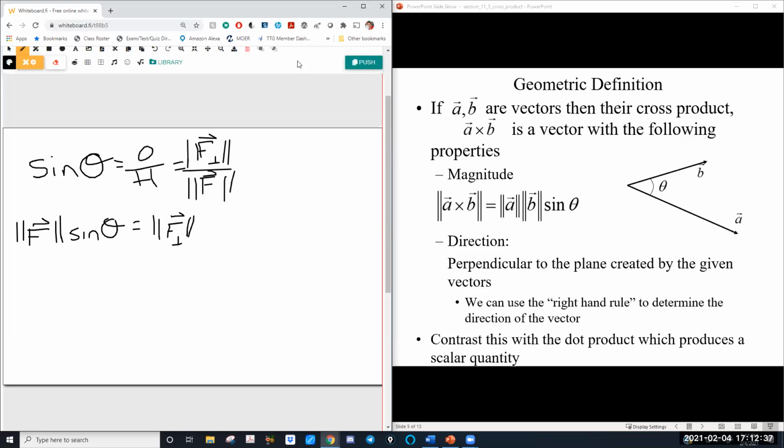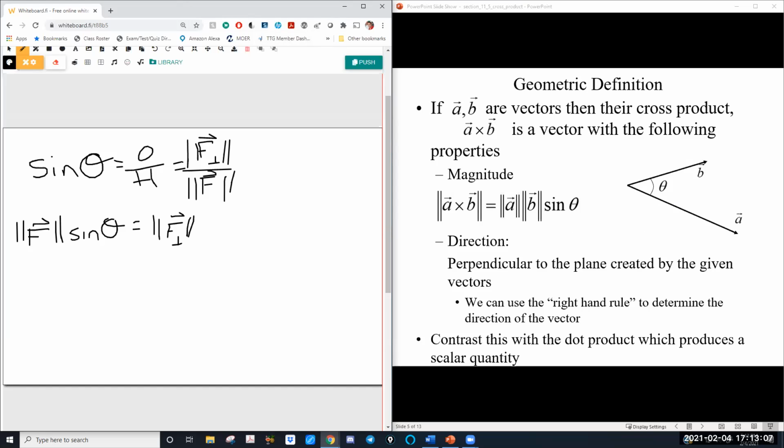So we're doing A cross B. If we assume that A and B are in this plane that is the screen, there's two vectors that are normal. One's coming directly out of the screen toward us, and one is going into the screen away from us. So the question is, which of those two perpendicular vectors do we get with the cross product? And that's where the right-hand rule comes in.